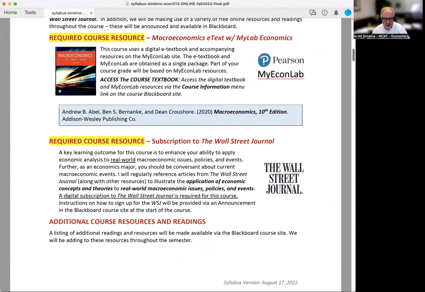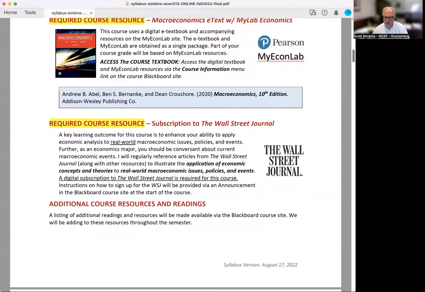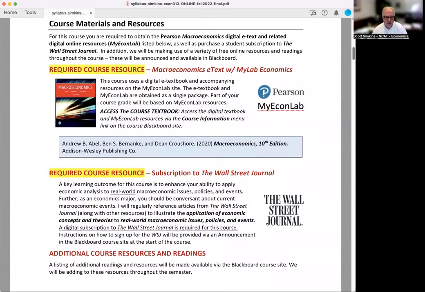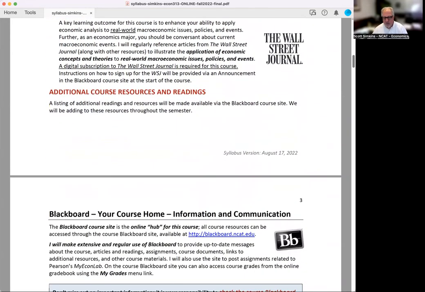So I'll provide information to you about the Wall Street Journal subscription as well. And then there are additional course readings and other resources that will be made available throughout the course. But those two pieces right here are critical for your performance in the course.